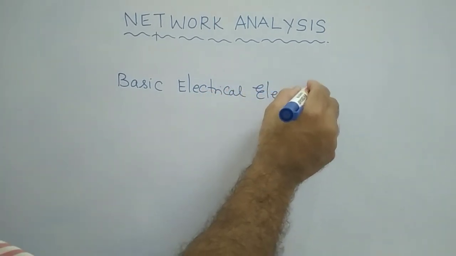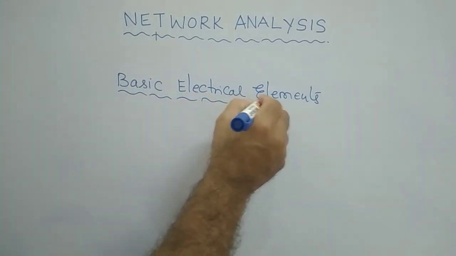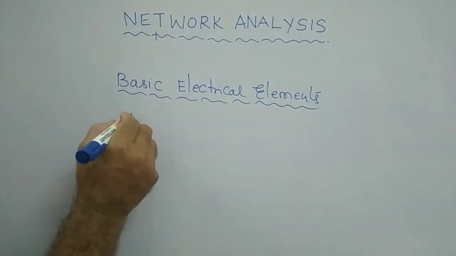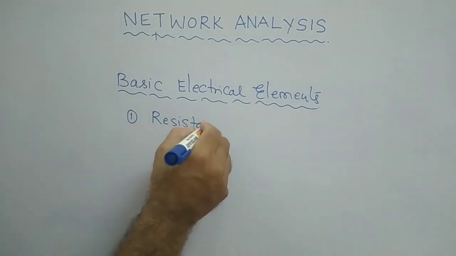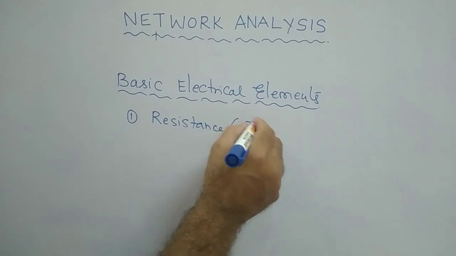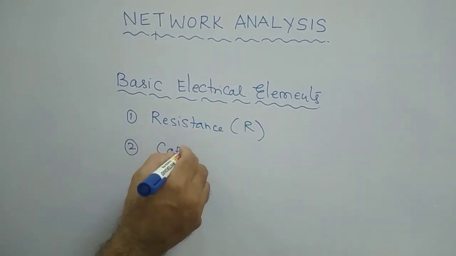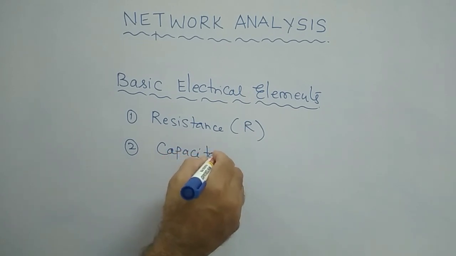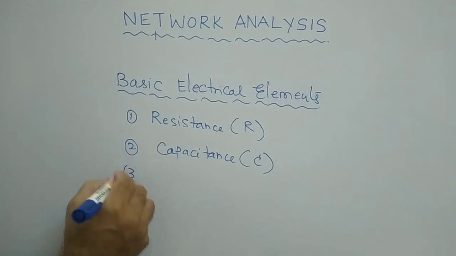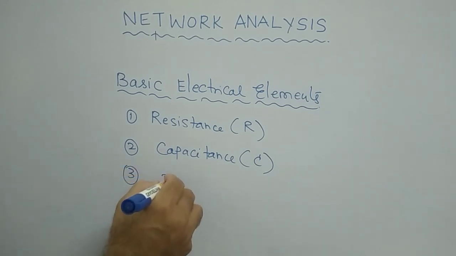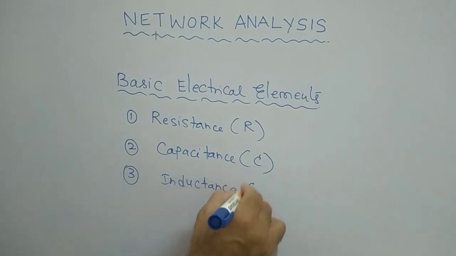As I have already told you just now, the first one is resistance R, and the second one is capacitance, denoted by C, and the third one is inductance, denoted by L.